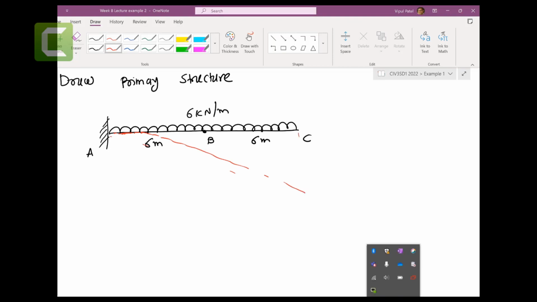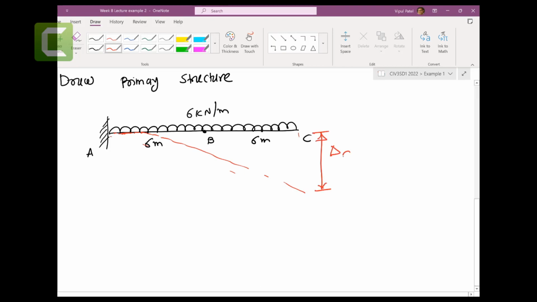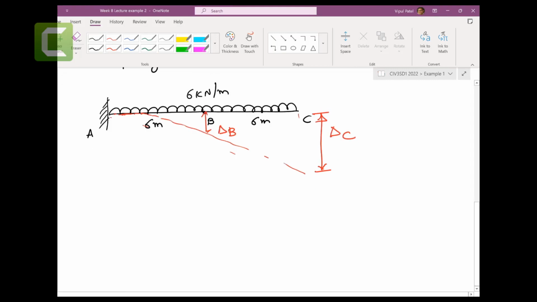So you have a delta C here that we need to find, and we need to find this delta B. And then we need to have an additional force that we put in the opposite direction. Let's put BY up.